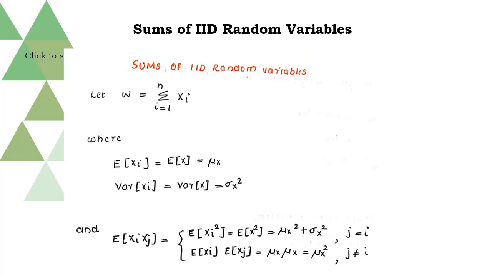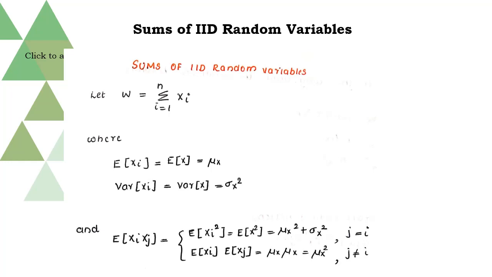Expected value of xi square can be written as expected value of x square itself. Now this is nothing but the mean square value. Mean square value is equal to mu x square plus sigma x square from the definition of variance.